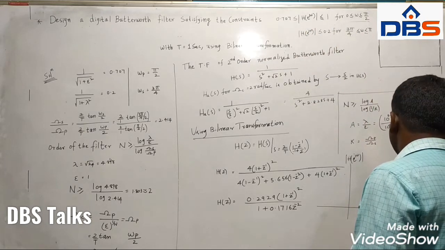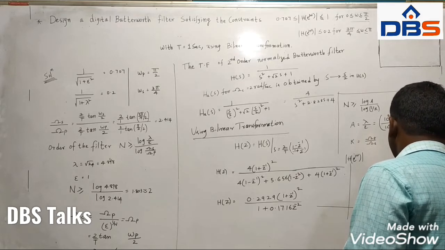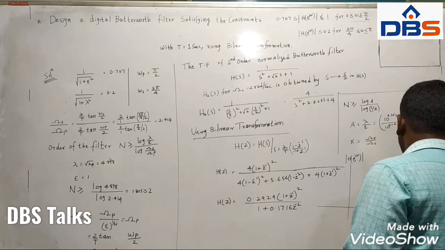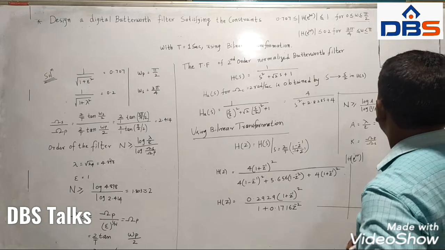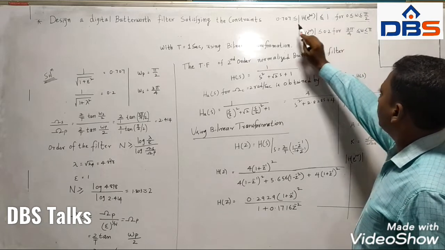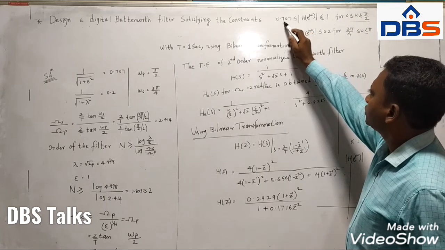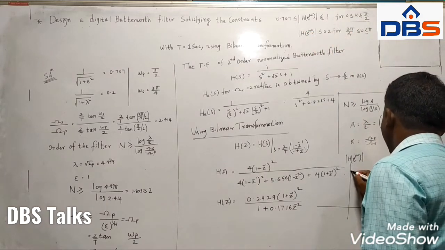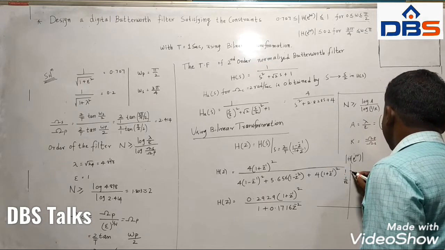You assume that this is pi by 2, and this is pi. This is the omega domain. Now what is the meaning of that? In between 0 to pi by 2, its magnitude varies between 1 by root 2 and 1. So the maximum is assumed as 1 and this is 1 by root 2, which means 0.707.